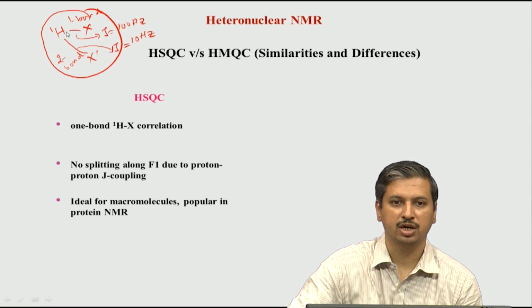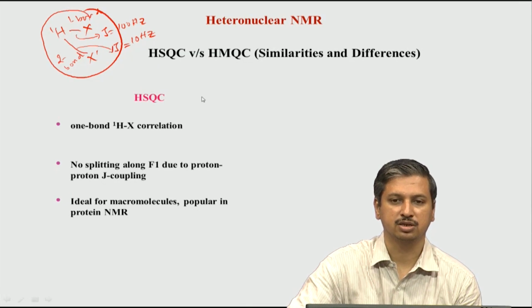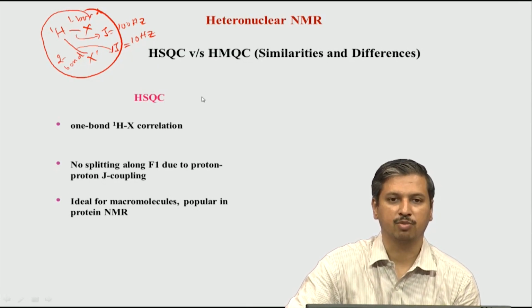Direct one bond correlation comes from HSQC or HMQC, which is what we are discussing here, but in HMBC we go to a longer bond and we suppress it. How do we suppress? We simply suppress by tuning our delay in the INEPT sequence, which we saw in the INEPT portion, for either this coupling 1 by 2 J or this coupling. And again, this is a rough example, but we should know roughly, or to some fair extent, the coupling value.